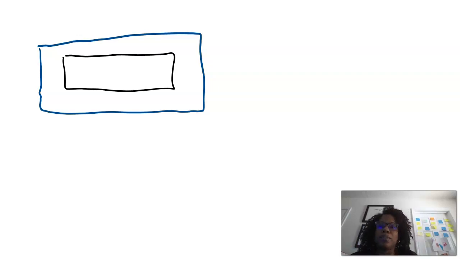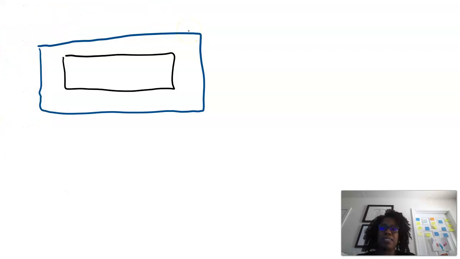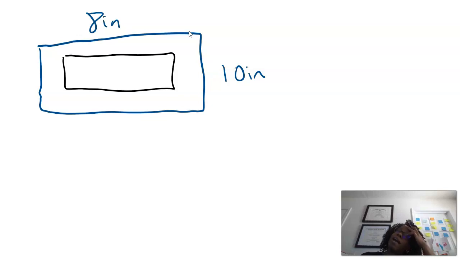Based on the specifications of the problem, the picture frame itself has dimensions of 8 inches wide and 10 inches tall. I'm clear that my picture is drawn a little funky, and clearly not to scale, since I have it going wider than it is tall. But the process will still be the same.